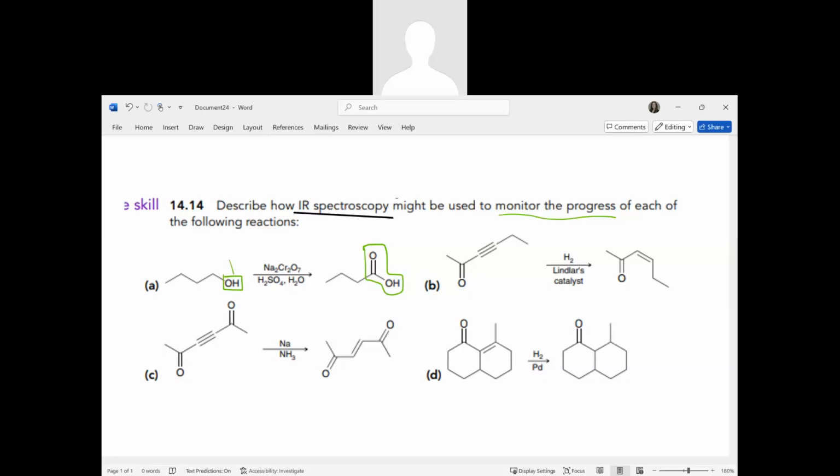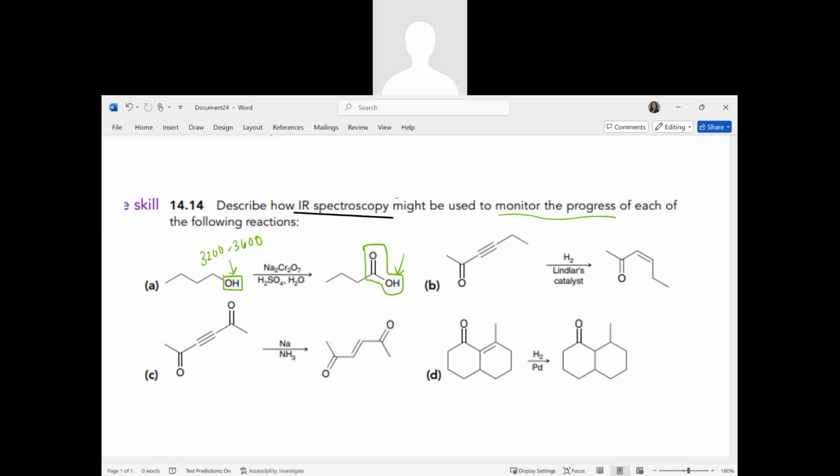So we would expect our starting material to have an OH stretch for this alcohol, and it would have a broad signal from around 3200 up to 3600. That's really the main signal that we'll look for above our fingerprint region. Over here, we have our carboxylic acid.